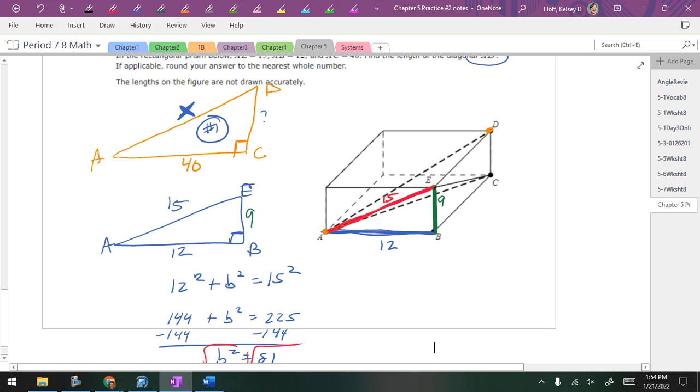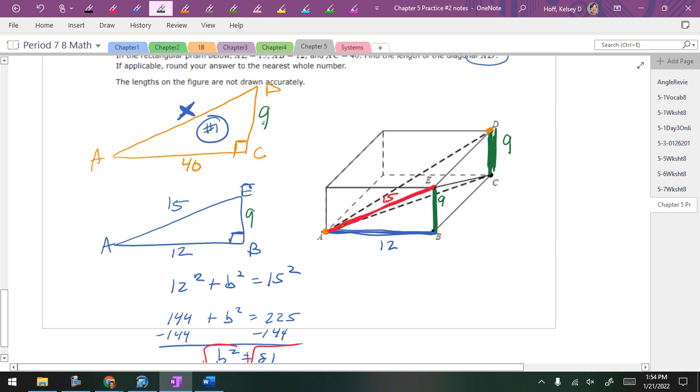It gave us EB. How did it give us DC? Because it's a rectangular prism, right? Your Amazon box doesn't have one corner that's taller than the other, agreed? So if EB is 9, that means DC also has to be 9. So in my triangle up here, really, I do know this is 9.